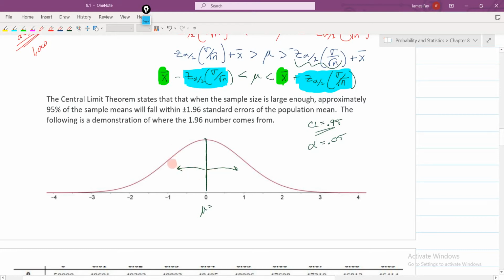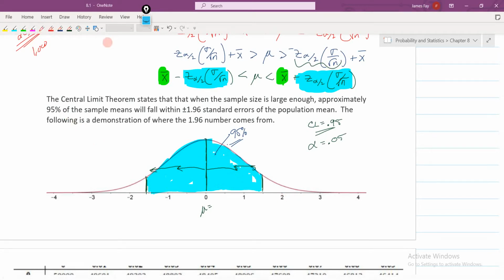That gives me the middle 95%, or if we're talking about area, it's 0.95 of the area underneath that curve.